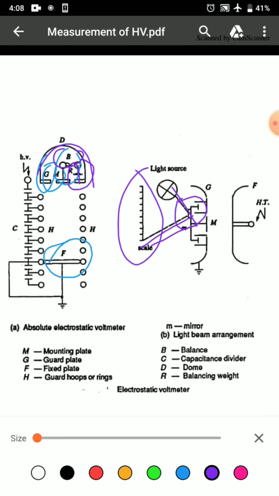The uniformity of the electric field is maintained by guard rings H, which surround the space between the fixed disc and the moving plate. Guard rings are maintained at a constant potential by a capacitance divider, ensuring a uniform spatial potential distribution.